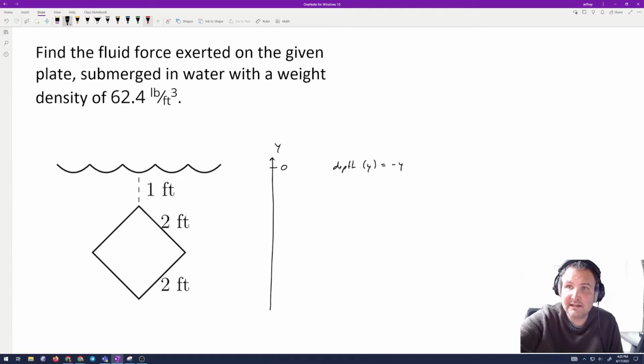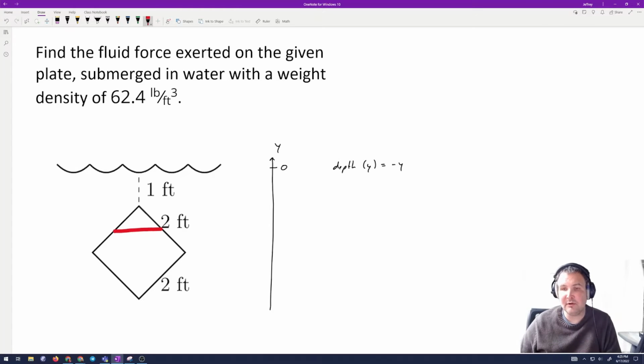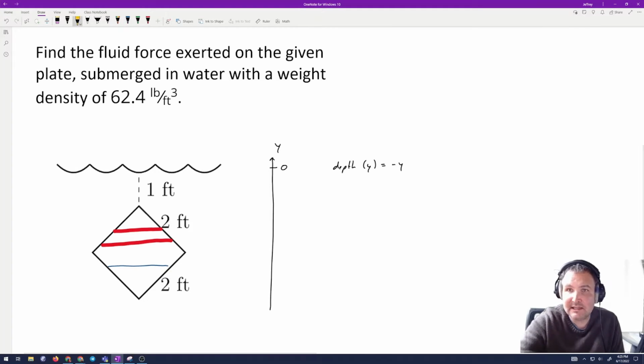So we need an expression in terms of y of the length of our object at that depth. If we go down here in the blue, we see immediately that we're going to have two different expressions, because the length suddenly changes when we reach that level of the depth.